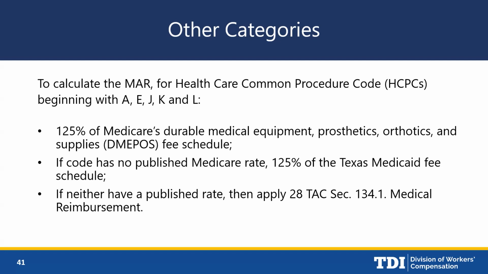Medicare doesn't pay because there's a statutory exclusion for hearing aids. You may look to Medicaid. If there's no fee for your HCPCS, then it's fair and reasonable. And we have that best practice slide earlier in the presentation for you to demonstrate what you think is fair and reasonable, both on the carrier side and the healthcare provider or the hearing aid fitter or audiologist side.